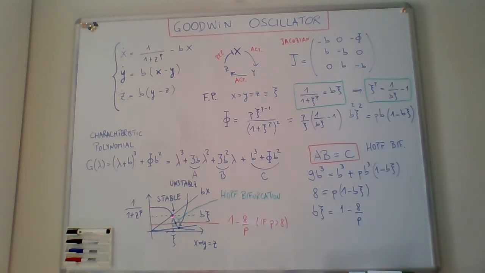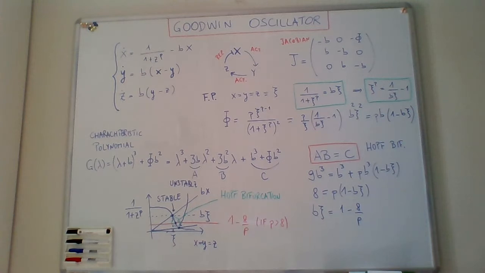So the intersection point gives the values of xi, the fixed point. Once I have the fixed point, I can draw a horizontal line here. This dashed line is the line b times xi, right?